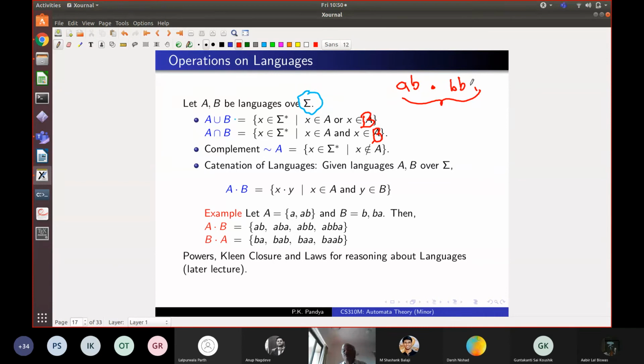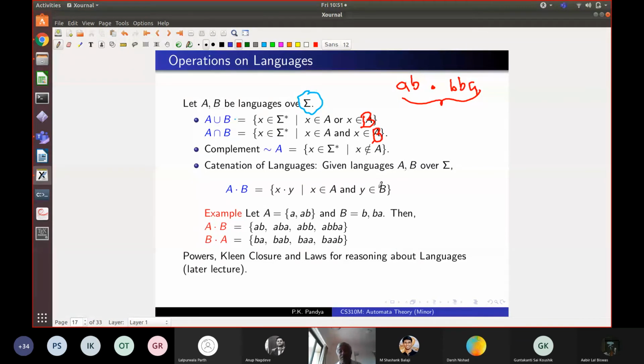We already saw this. But now we are given two languages, that is, collections of words, and we catenate one language with another. And how do we do this? We do this pointwise. First of all, we pick up an arbitrary element x of A, that is some word belonging to A. We pick up some other word y belonging to B, and then we catenate them.